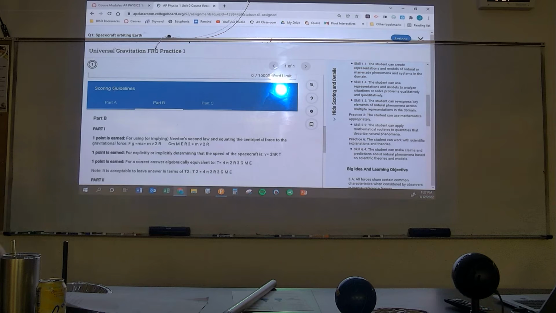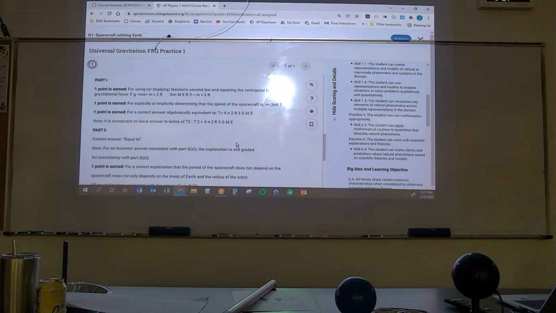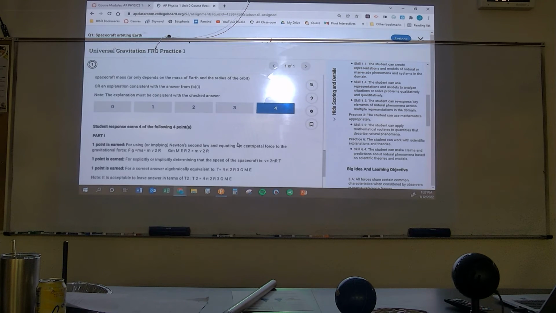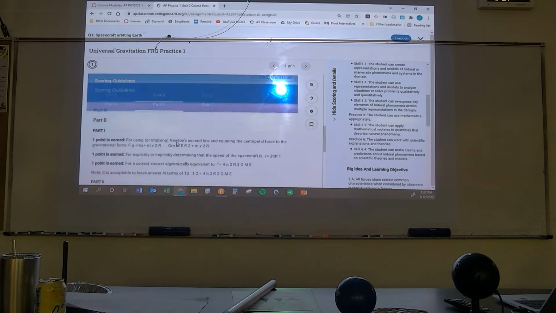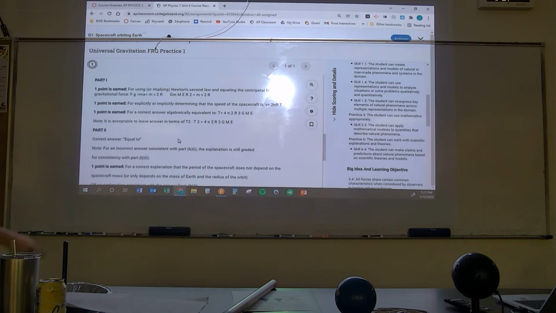So how are those 3 points earned? Anyway, 1 point is earned for using or implying Newton's second law and equating the centripetal force to the gravitational force. So this is what we did.